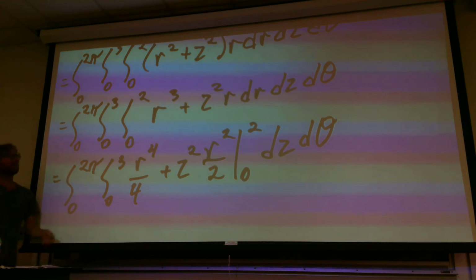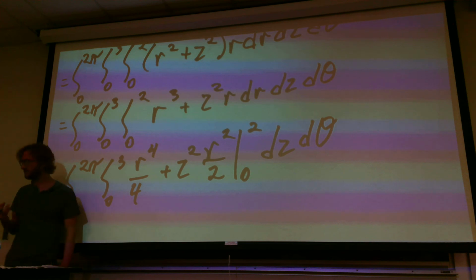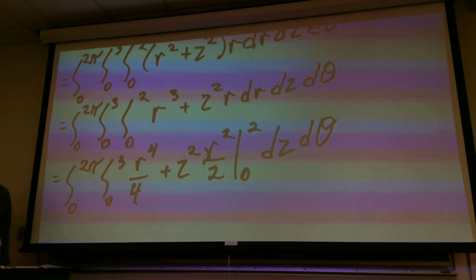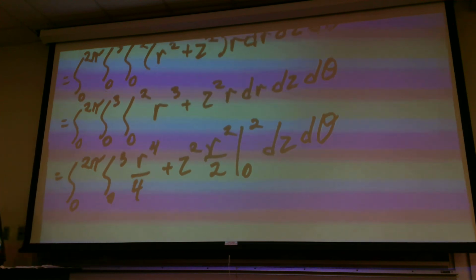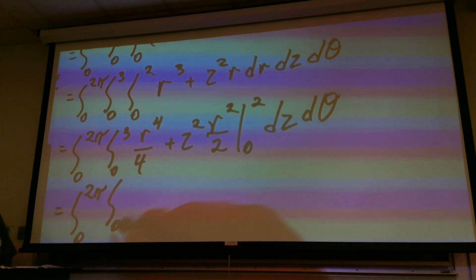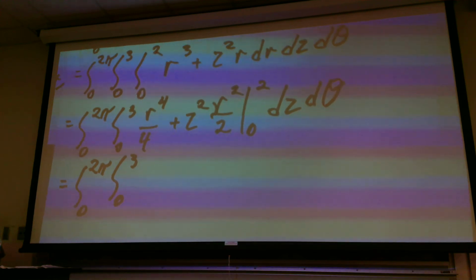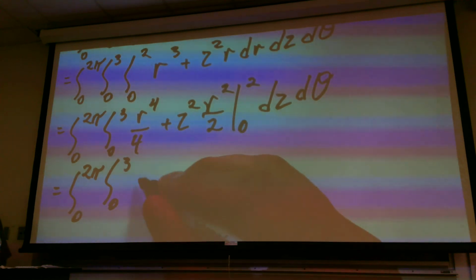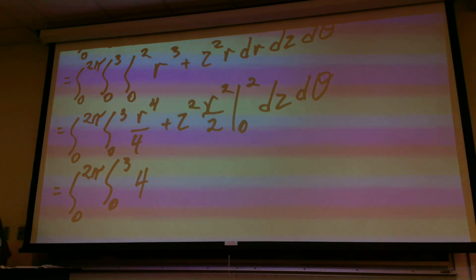Okay, now we don't care about the zero term, but r to the fourth divided by 4, evaluated at 2, what does that become? That becomes a 4. So it becomes the integral from 0 to 2 pi, the integral from 0 to 3, so this term just becomes a 4.